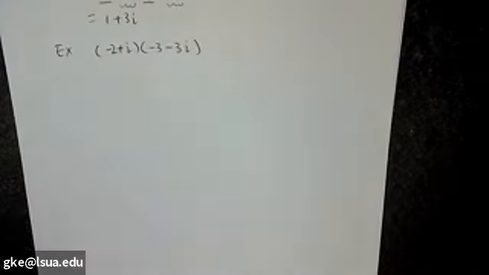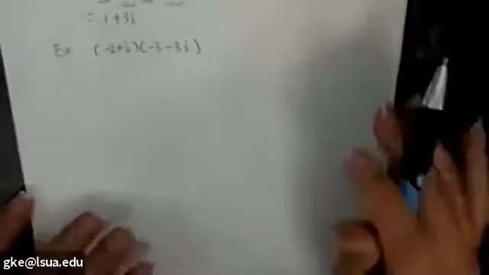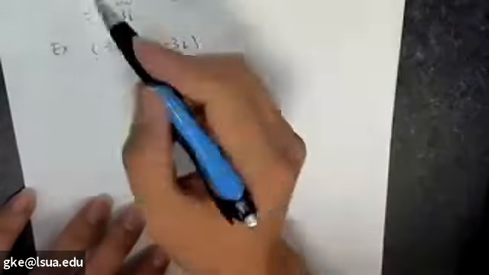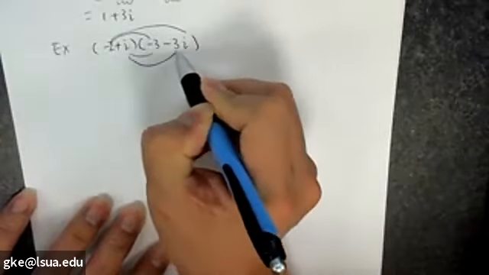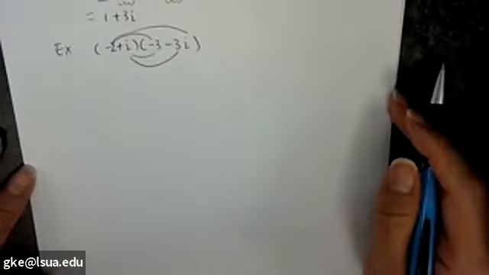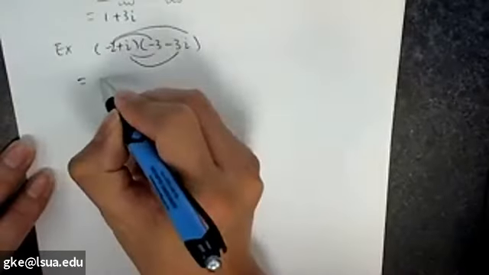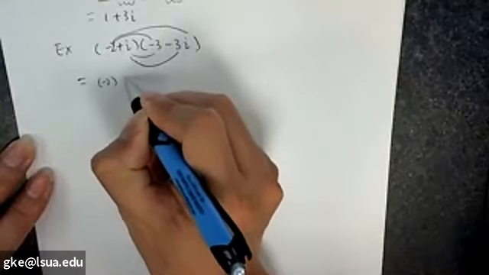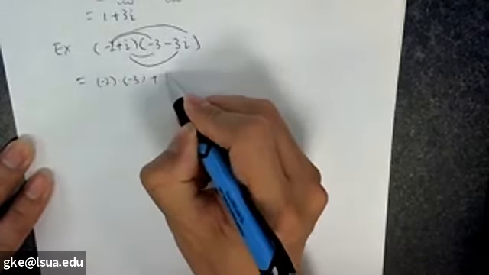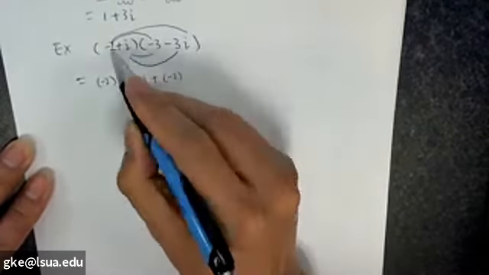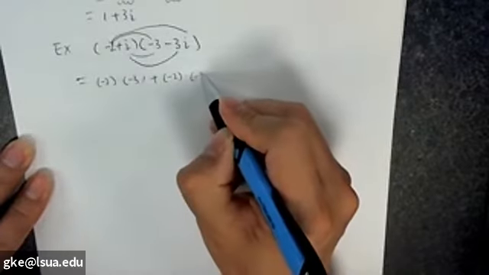Okay, I'm gonna write down the answer on the board. So we're gonna use distribution. We have -2 times -3, -2 times -3 plus -2 times -3i.